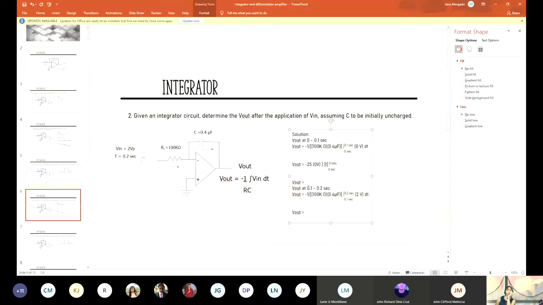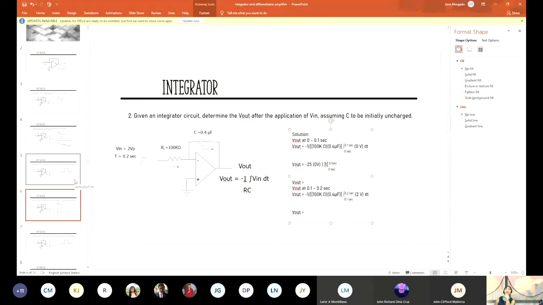Class, what would be the answer for this? For V out at 0 to 0.1 second, the output is, class. Hello? Class? Good morning. Class? Negative 10 po, ma'am.